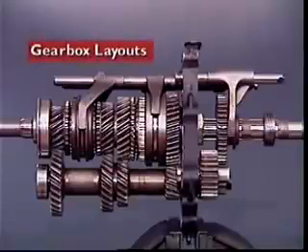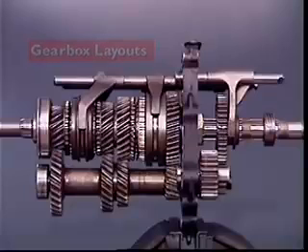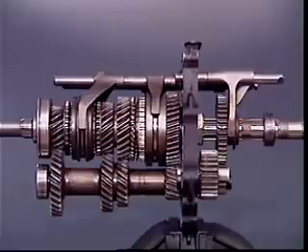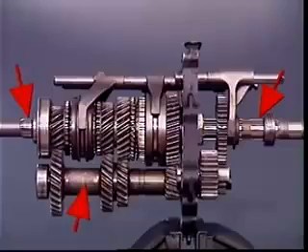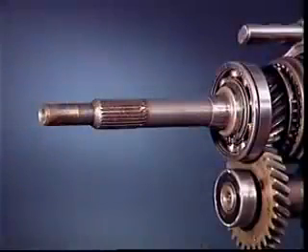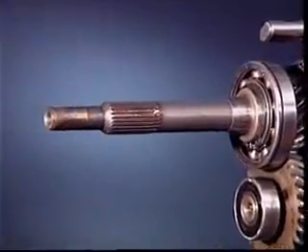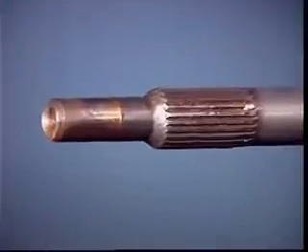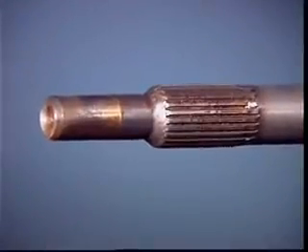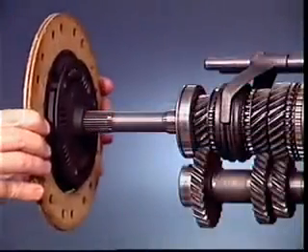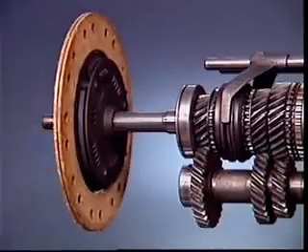This section examines gearbox layouts. In a manual transmission for a rear-wheel drive vehicle, the gear train is built up on 3 shafts. The input shaft extends from the front of the transmission. An external parallel spline section engages with internal splines on the clutch-driven plate.